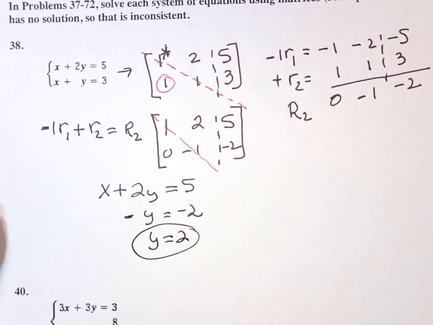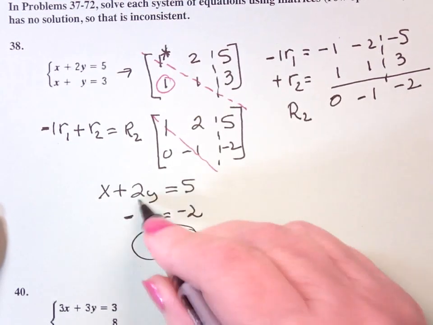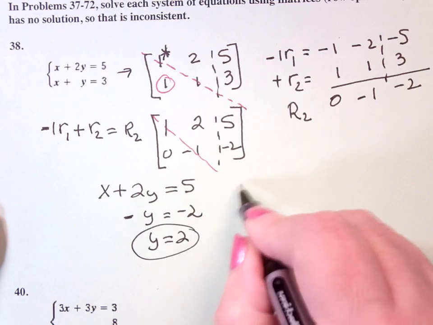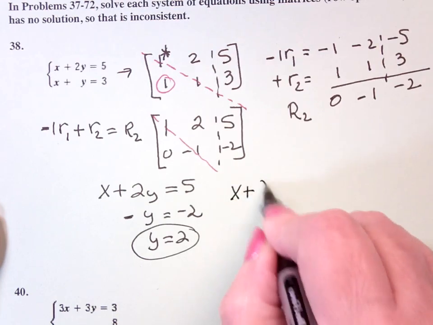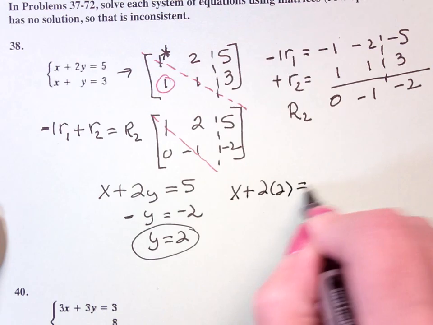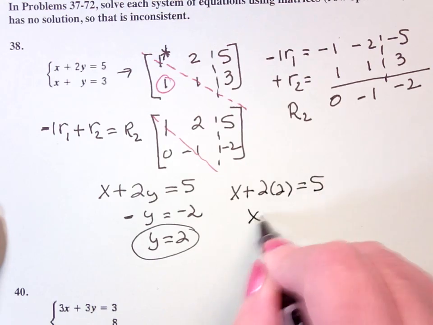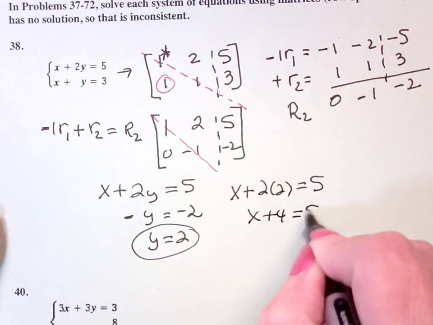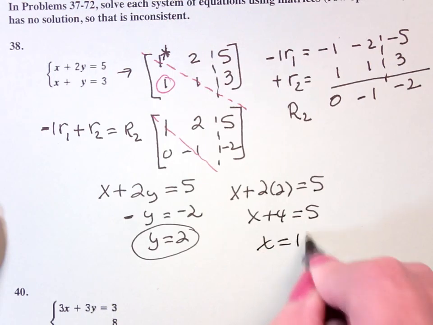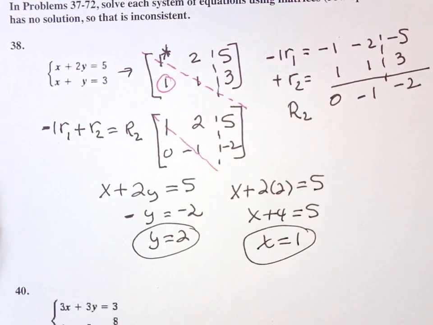So I've got y. X plus 2y equals 5, so x plus 2 times 2 equals 5. X plus 4 equals 5, or x is 1. So x equals 1, y equals 2.